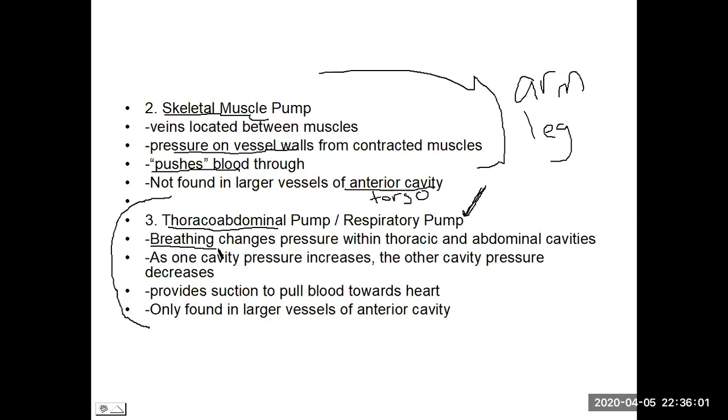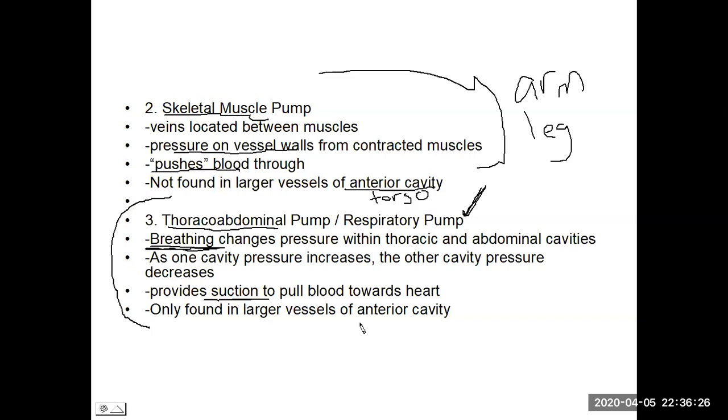So due to the pressure changes as our diaphragm contracts and relaxes, that now aids in this suction force. So as we breathe in, as we inhale, and the deeper the inhalation is, the more suction force is generated to pull blood towards the heart.